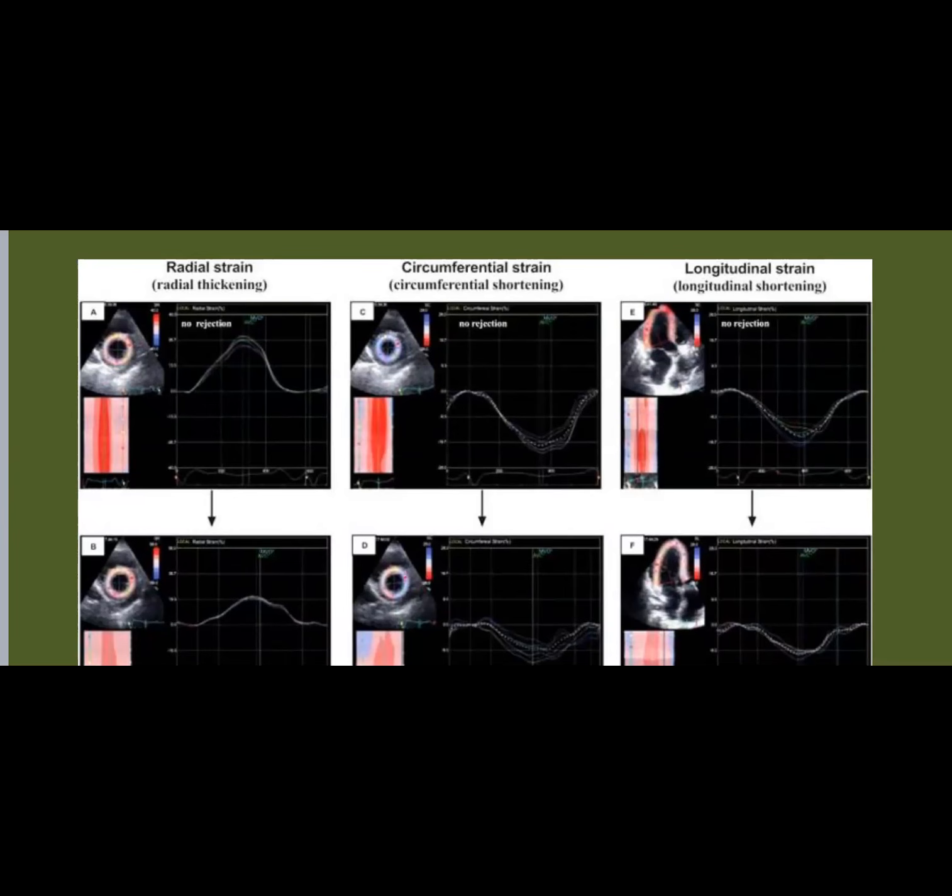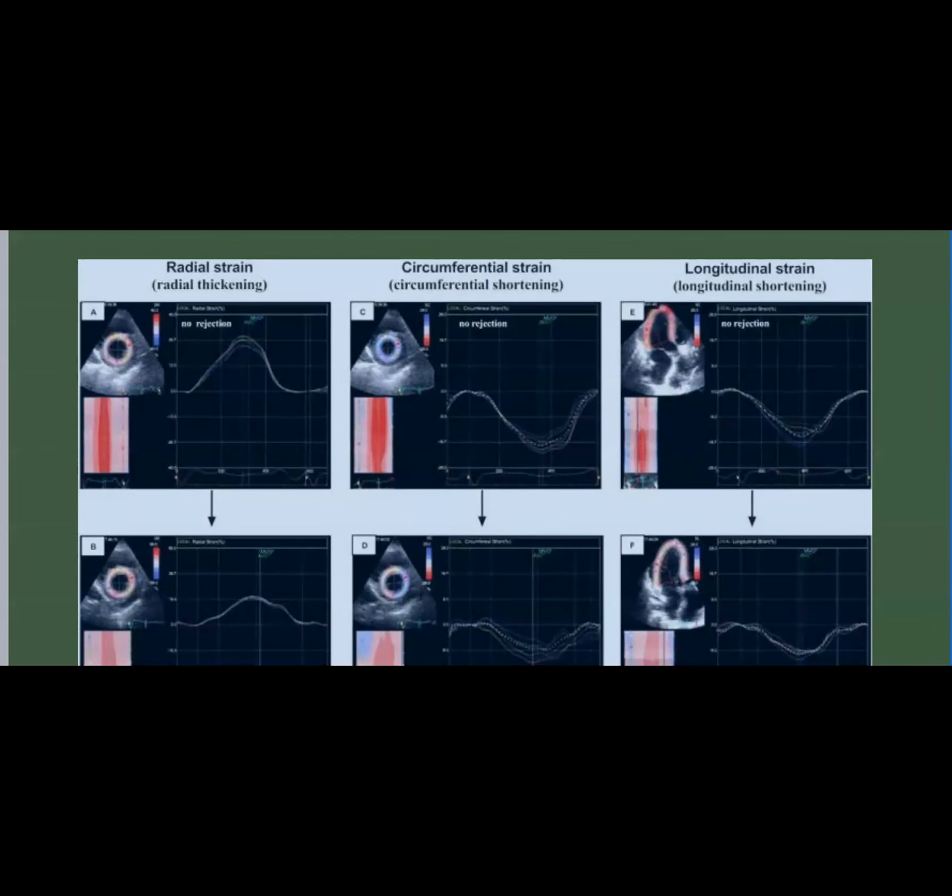Now, which one of these three strains is the most clinically relevant and used in clinical practice? Longitudinal. Yes, the longitudinal strain. So now we are talking a lot about global longitudinal strain. We don't use circumferential and radial strain a lot.